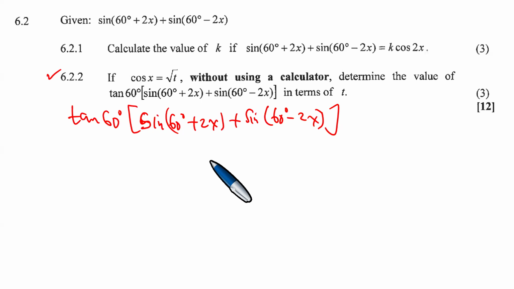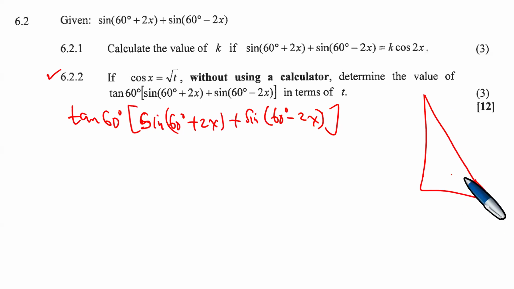It's the tangent of 60, which is the square root of 3. Okay, well done. The tangent of 60.